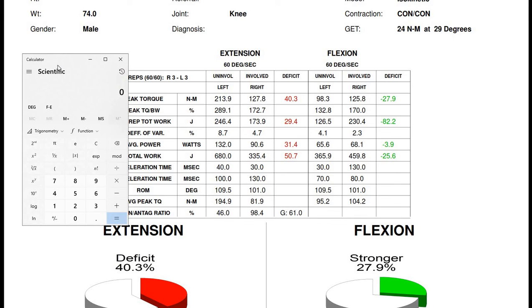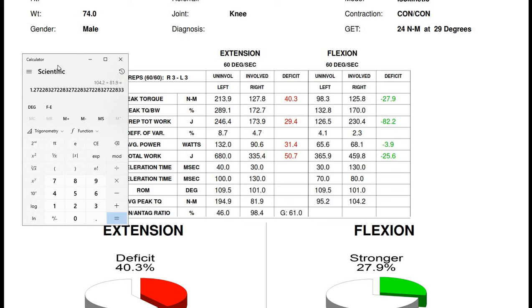Hang on. So HQ ratio, hamstrings average peak torque is 104.2, and we're dividing that by the quadriceps. The HQ ratio isn't usually based on the average peak torque, but because it's a more reliable outcome measure, let's just do it for fun.